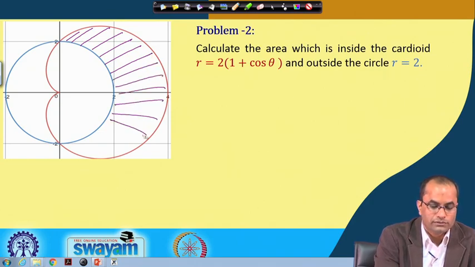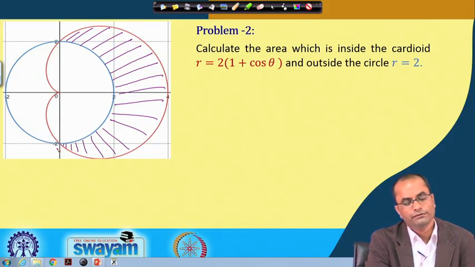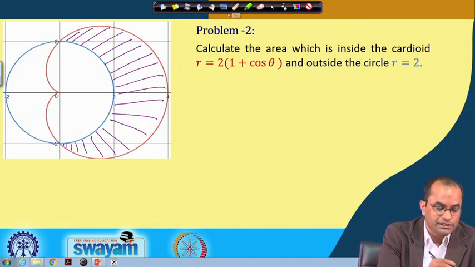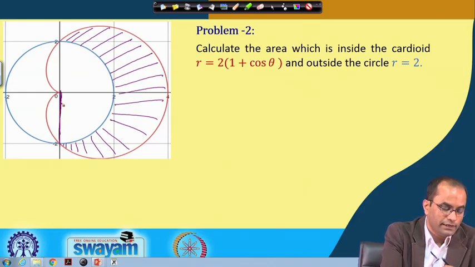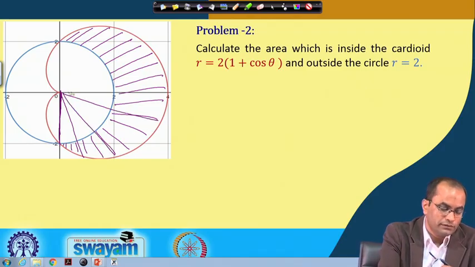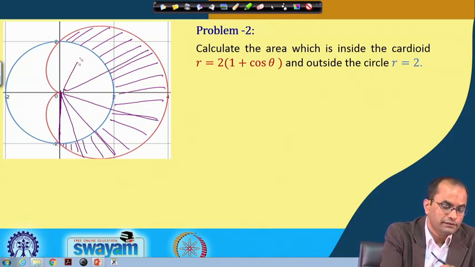So, this is the region we want to find the area of, and naturally we will use the polar coordinates, because this is again much easier. So, we are moving in theta from this point and then going all the way, and the theta will go up to this point.